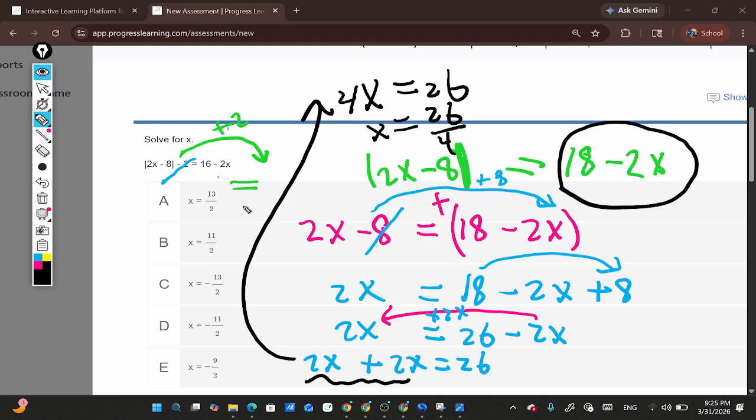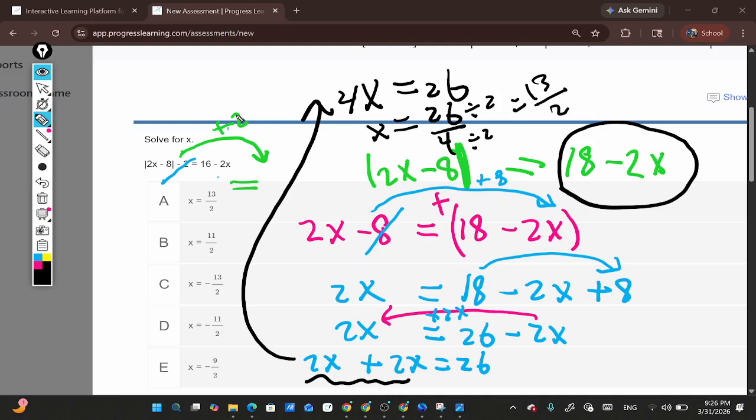If we pay attention to the options, we have 13 divided by 2, we have 11, we have 13, we have negative 9 or 9. So in this case, we need to simplify this expression as much as we can. So we can divide by 2 and divide by 2, so we will end up with 13 divided by 2.